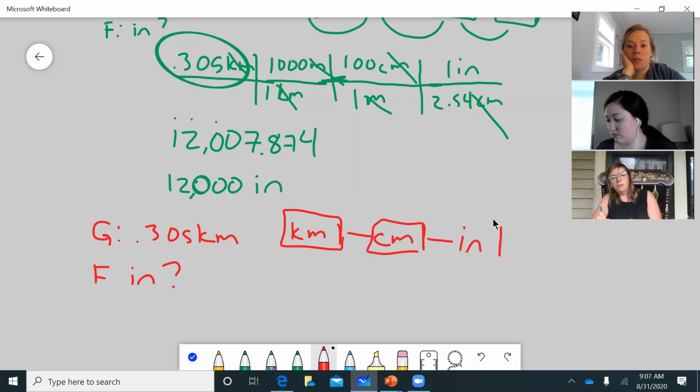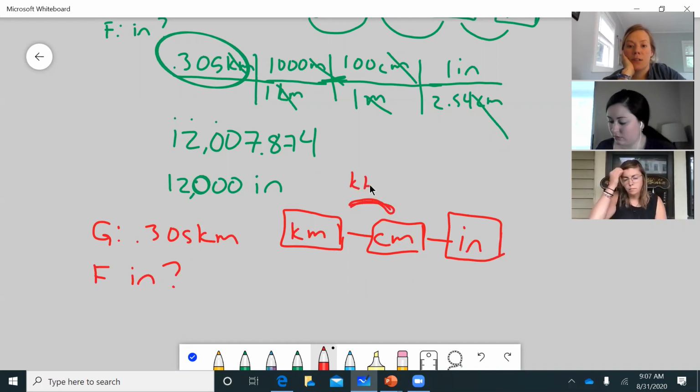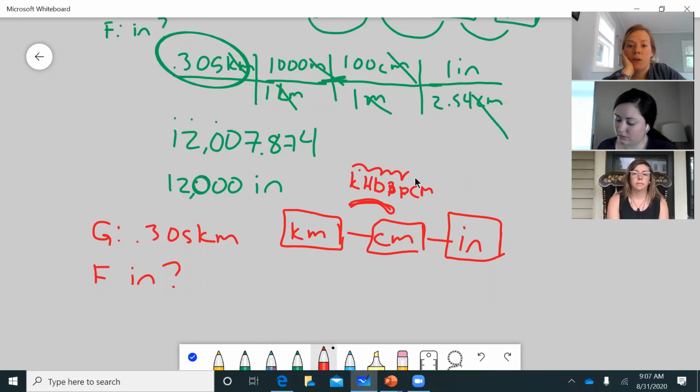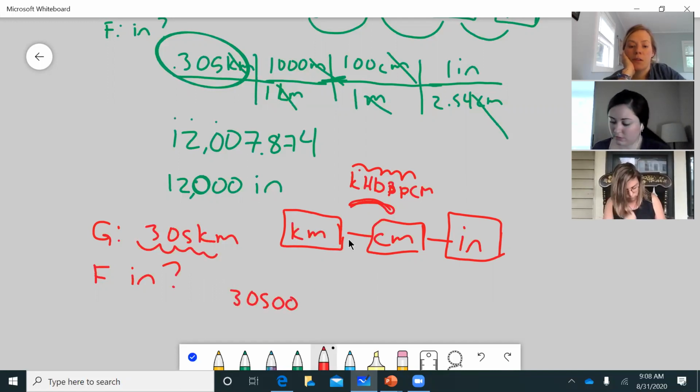And in this first hop here, I'm going to use King Henry died before drinking chocolate milk. Okay, so I've got kilometers to centimeters, hop 1, 2, 3, 4, 5 hops. So 30,500.